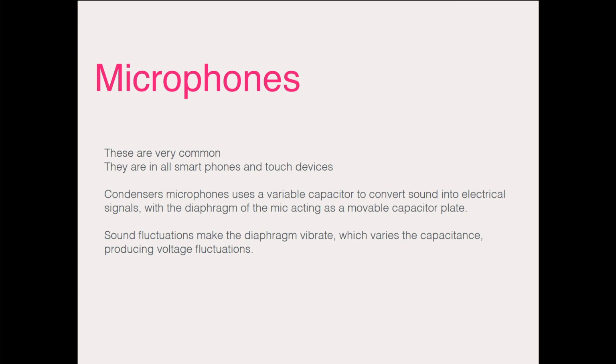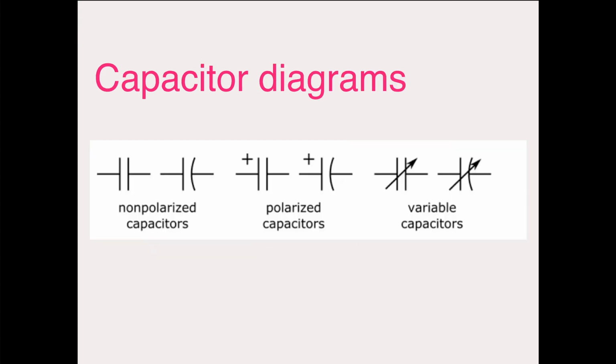The diaphragm in the cone of the microphone acts as a variable capacitor plate, and the sound fluctuations make the diaphragm vibrate, and the variance of capacitance produces the voltage fluctuations that allow the microphone to detect sound.